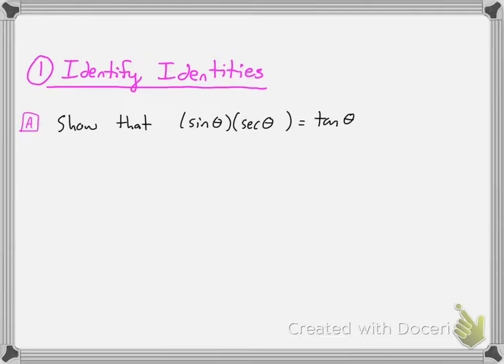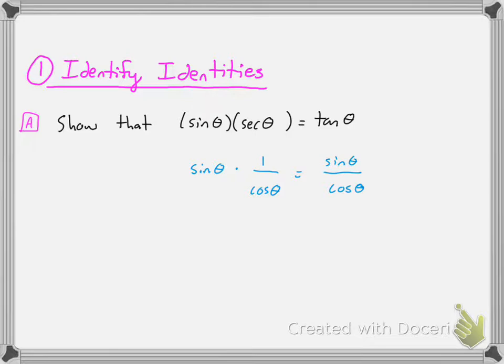So what I'm going to do, usually whenever you see secant, cosecant, I'm going to try to rewrite these in terms of sine and cosine. Secant matches up with cosine, so I'm going to rewrite this as sine of theta times 1 over cosine of theta equals tangent of theta. From there, now I see sine and cosine on the left side, so I'm going to rewrite tangent as sine over cosine on the right side.